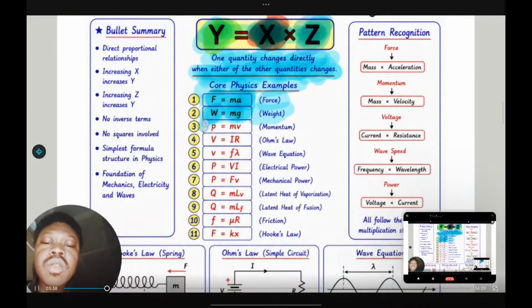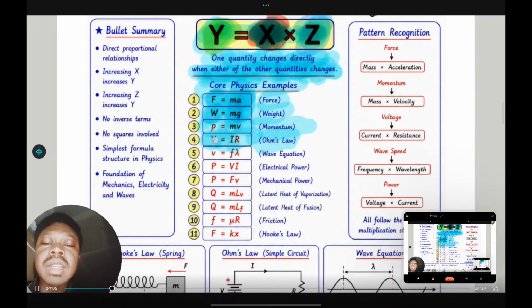Then as you progress, you will see momentum as p equals mass multiplied by velocity, which gives you momentum. Can you observe this? This is mass, this is mass, this is mass, this is acceleration, this is acceleration, this is velocity. All right. Then we have voltage under current, under Ohm's law, V equals IR.